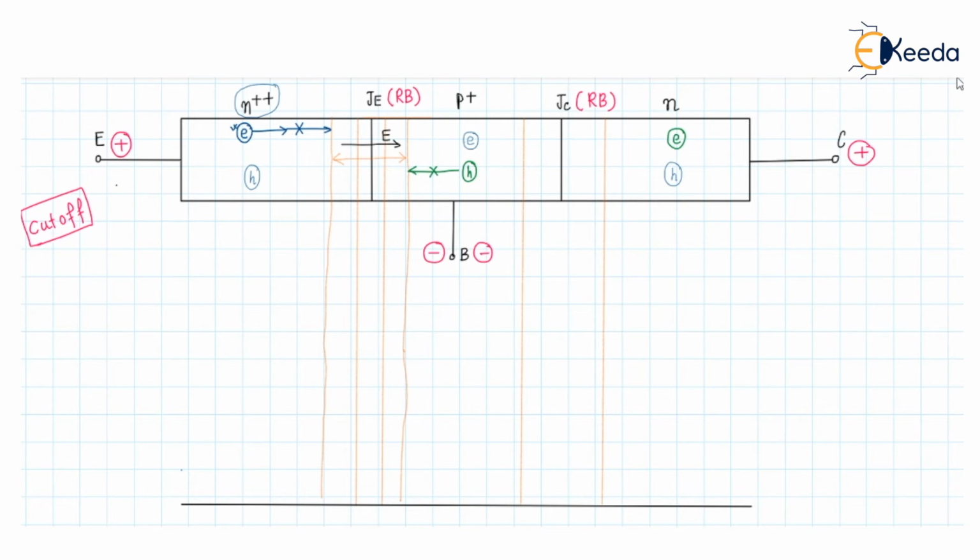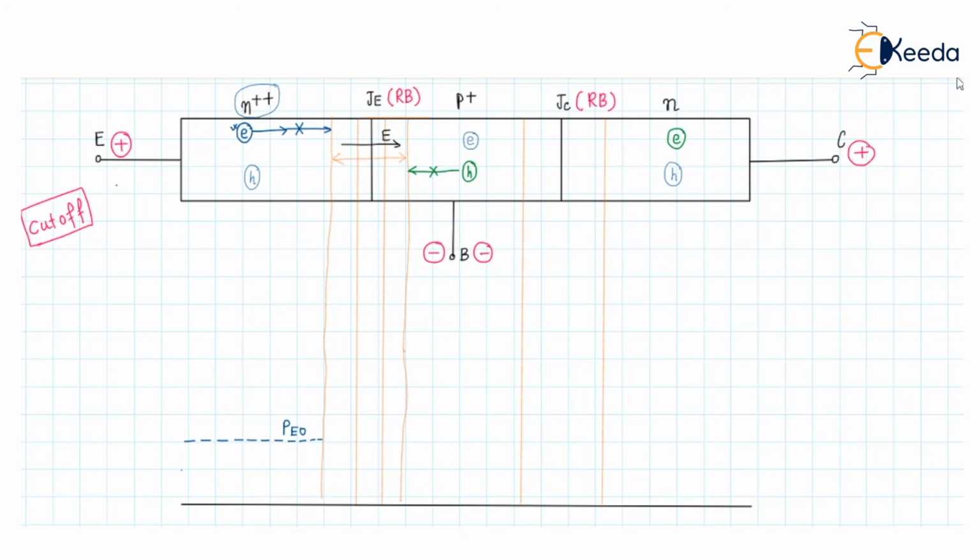So if we draw the minority carrier concentration profile inside the emitter, at equilibrium the minority carrier concentration profile at the emitter will be like this value. So let us denote it as PE0, and the base region is lightly doped in comparison to the emitter.